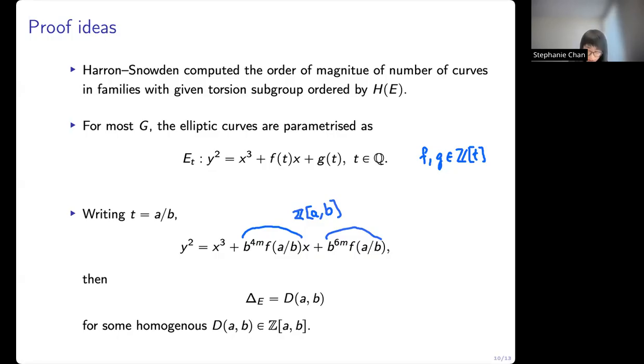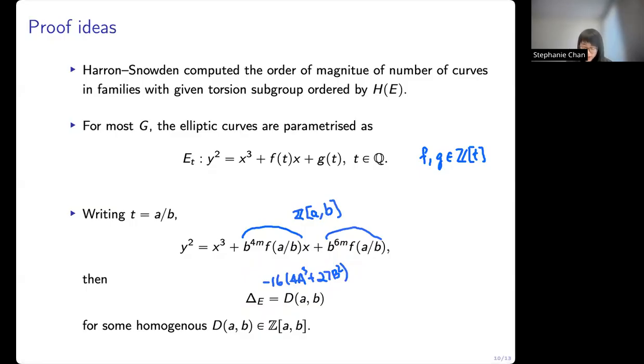The discriminant, just recalling, is minus 16 times 4a cubed plus 27b squared. And now this a and b are just these two polynomials in the little a and little b. So you can write this discriminant as a polynomial that is now homogeneous in two variables.